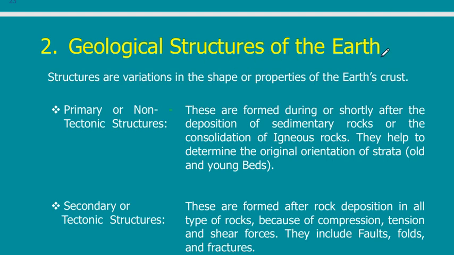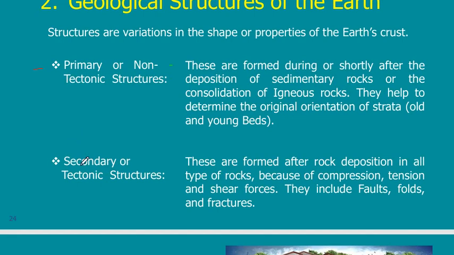These geologic structures are subdivided into 2 types. One of them is called primary or non-tectonic structures, and the second is called secondary or tectonic structures. Primary structures are the original structures that came at the beginning. Suppose that rock from below came on top of the earth, so it will form a layer.